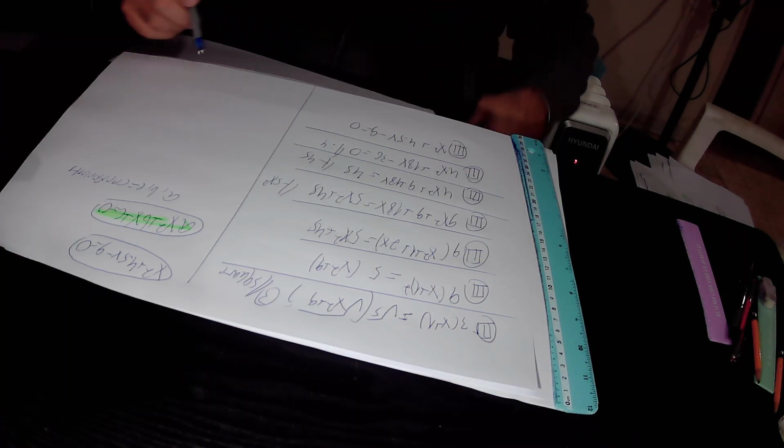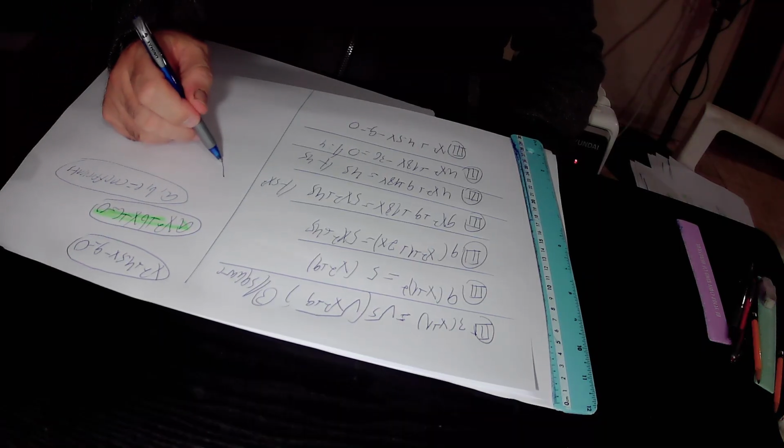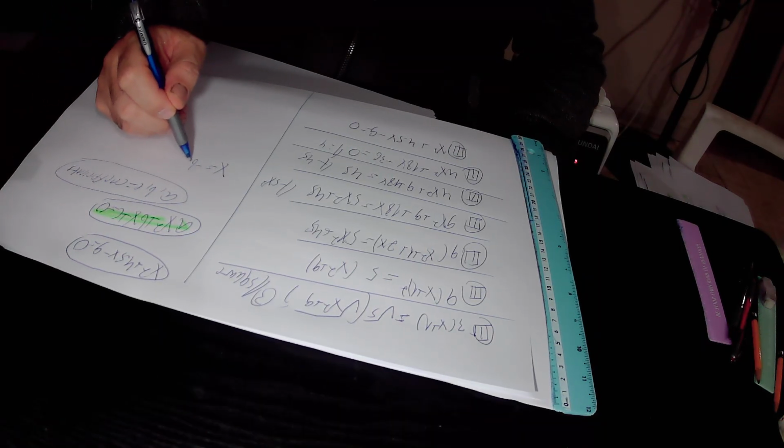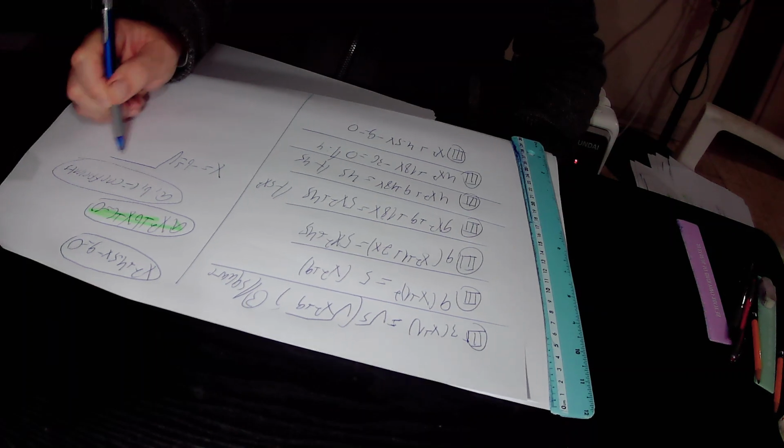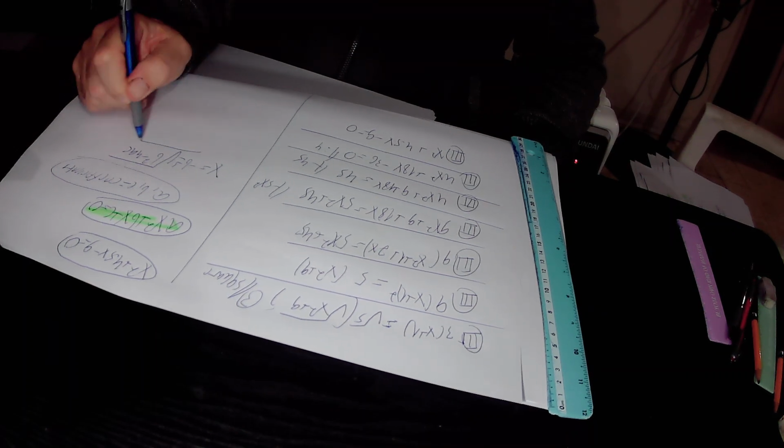And we find out the value of x according to the following formula. x equals minus b plus minus square root of b squared minus 4 times a times c over 2a.